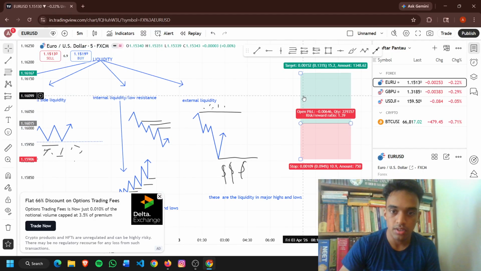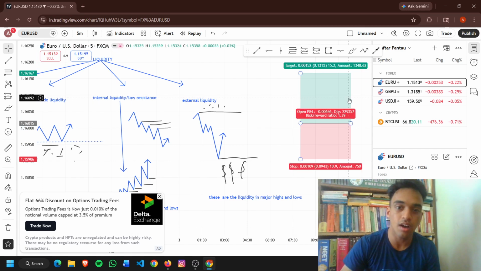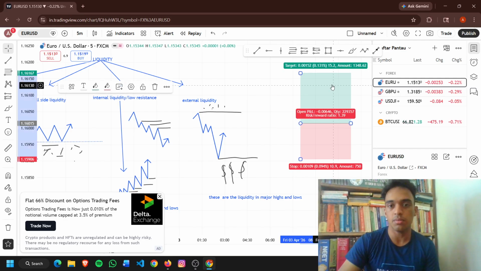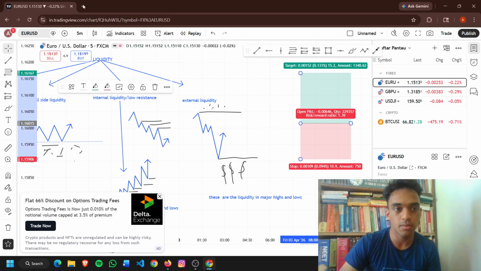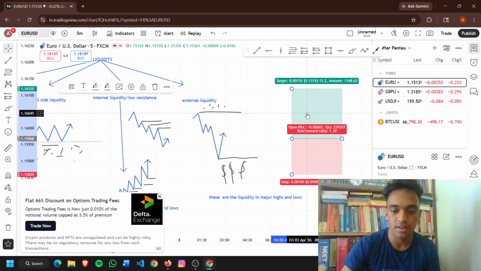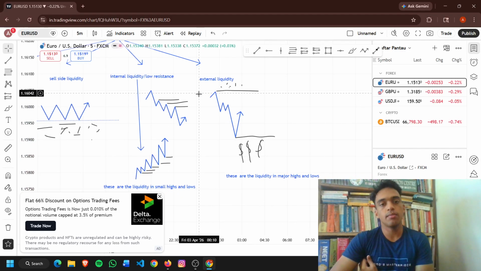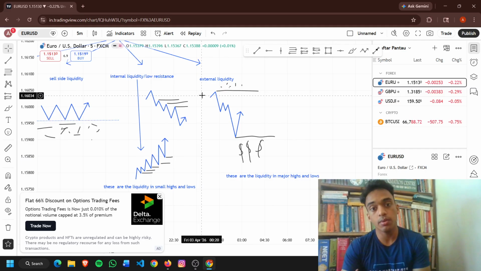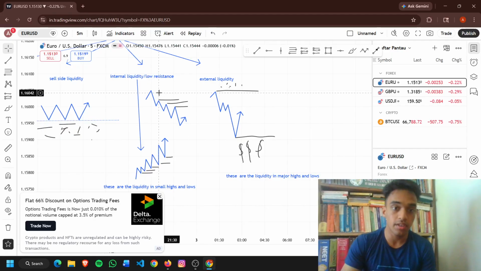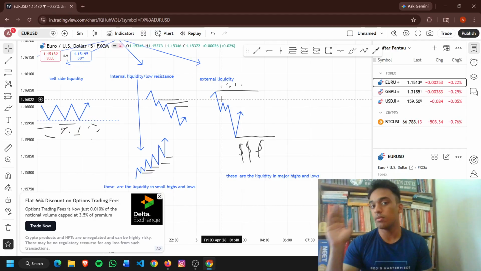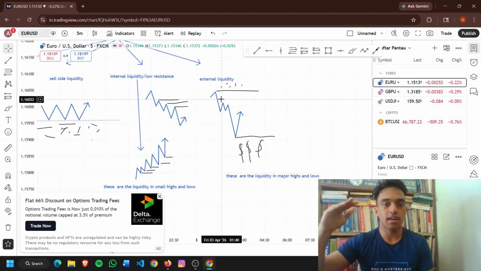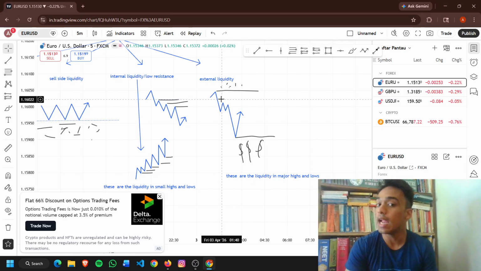If the price comes here, you close half of your position. That is called a partial position. We will talk about it in some other video. So we need to learn about internal and external liquidity for that. And external liquidity will most probably be your major target points when you are entering a market.